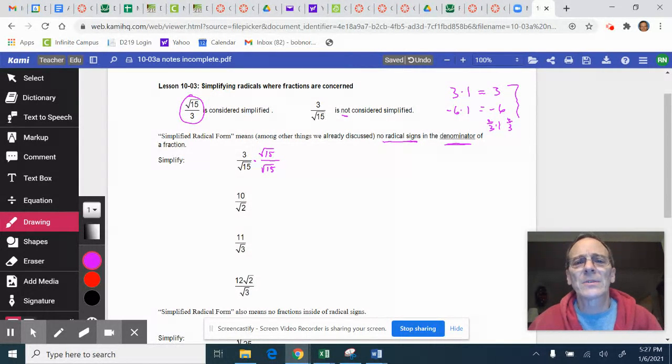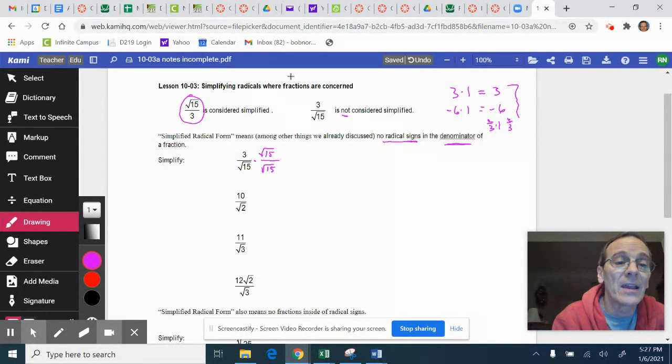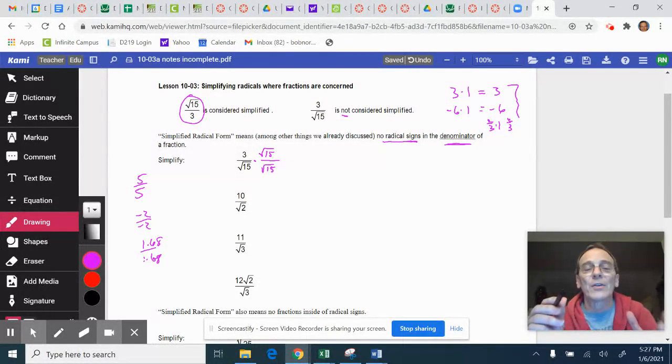Anything times 1 is itself, and anything divided by itself is equal to 1. 5 divided by 5 is 1. Negative 2 divided by negative 2 is 1. 1.68 divided by 1.68. No matter how complicated it looks, anything divided by itself is 1. So root 15 divided by root 15 is effectively the value 1.